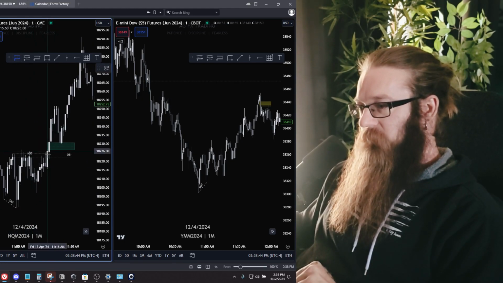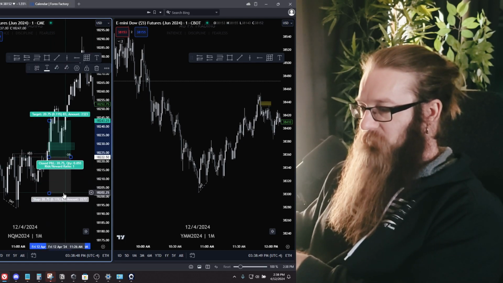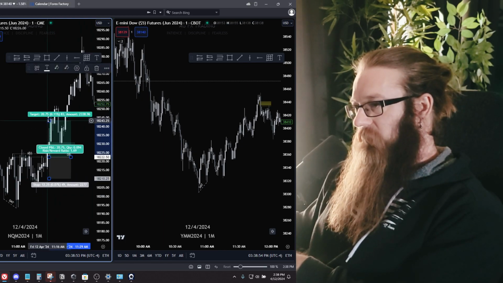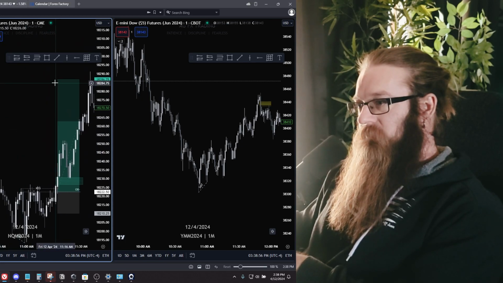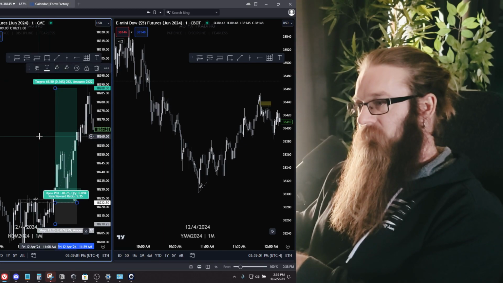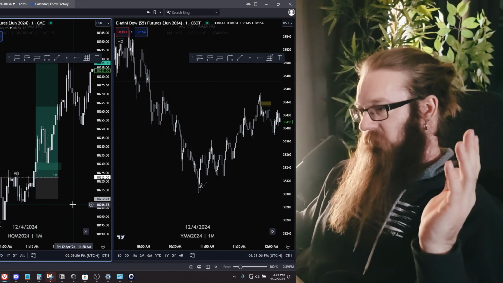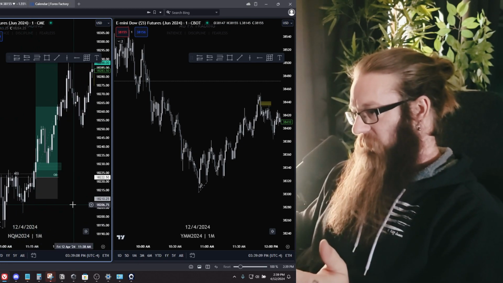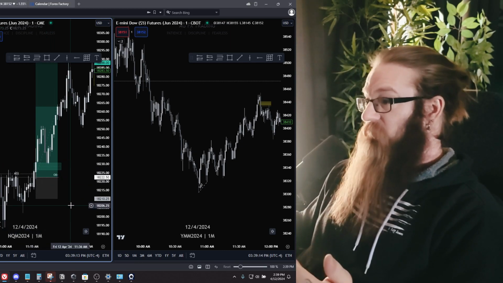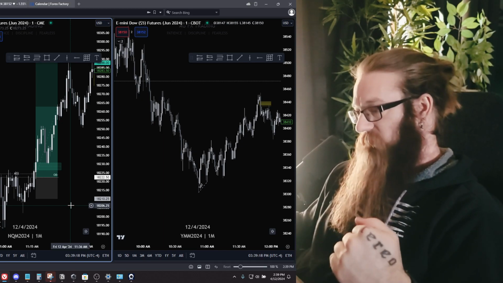Just for fun, I'm going to mark out how much this could have gained, right up to that liquidity. 65 points. Any amount of points in there. Basically zero drawdown on either the fair value gap or the order block after the market structure shift, because it had all of these changes of states of delivery.